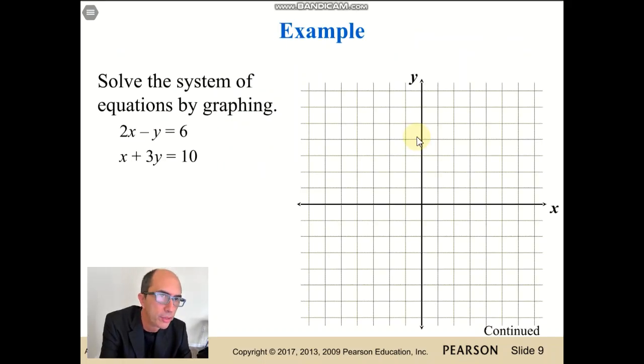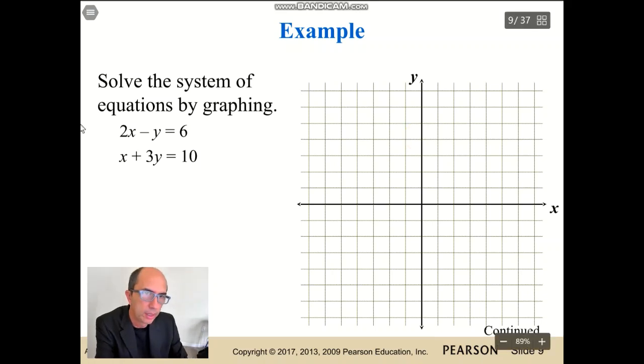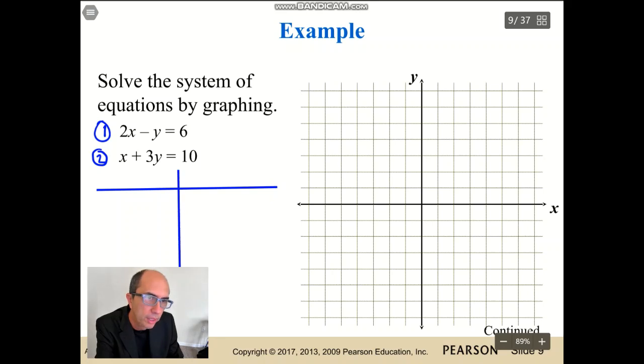Solve the system of equations by graphing. We have two equations. Let's say this one is equation number 1, 2x minus y equals 6, and this is going to be equation number 2, x plus 3y equals 10. Let's draw here a small table where we will have solutions for equation number 1 and solutions for equation number 2.